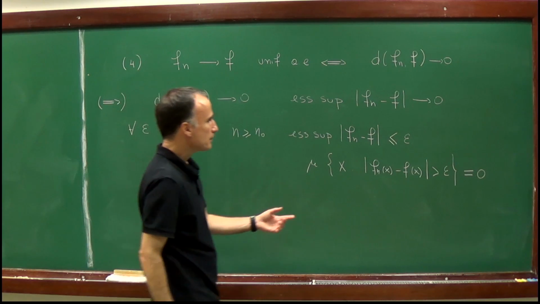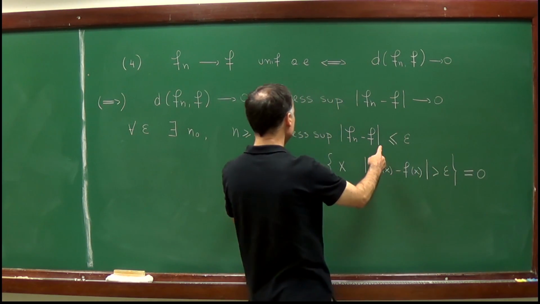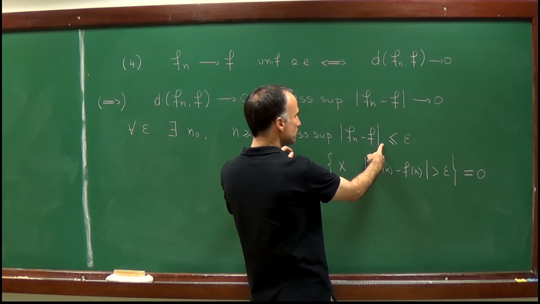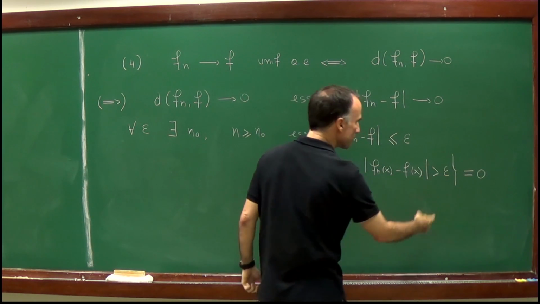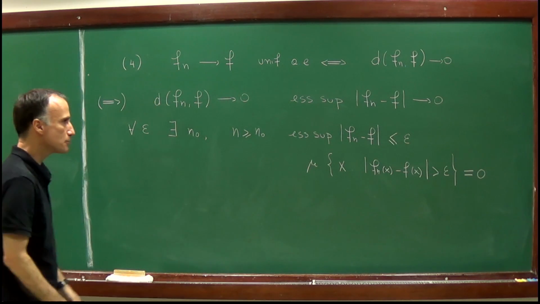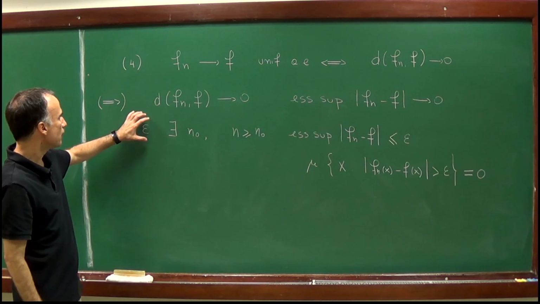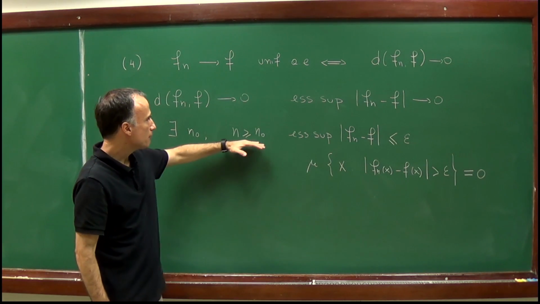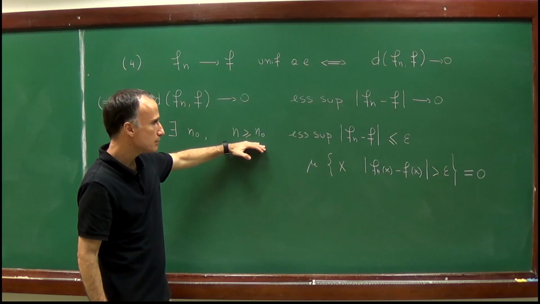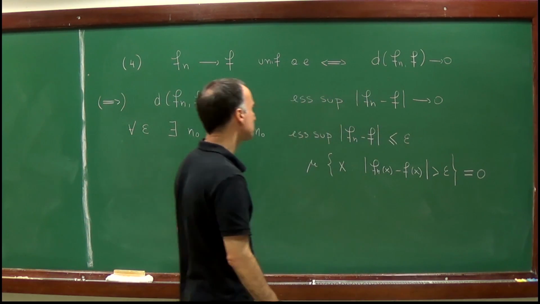Because, well, we have seen that this inequality holds if I replace epsilon by this essential supremum, but since epsilon is larger or equal than the essential supremum, it has to hold also for epsilon. So what we know is that for any epsilon, I can find n0 such that if n is larger or equal than n0, then the measure of this set is equal to 0.